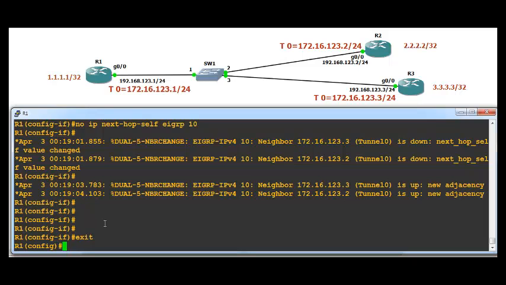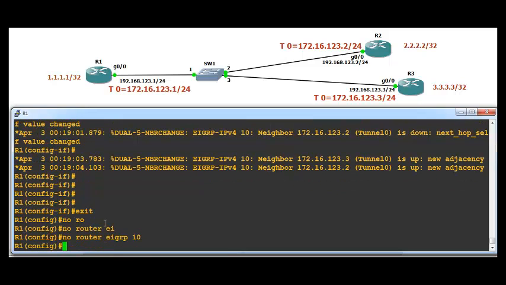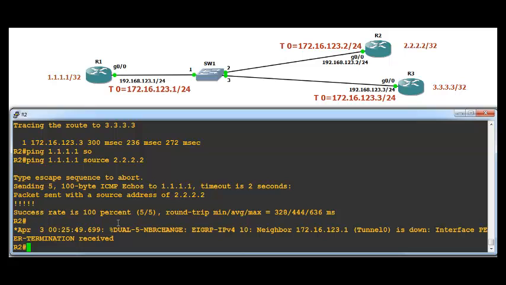They are an NBMA network. No router EIGRP 10. So you know how OSPF behaves in an NBMA network, how they won't form neighbors dynamically. If you want to form neighbors dynamically, you need to change the NBMA mode. Now let me remove EIGRP first and then I'll do that.